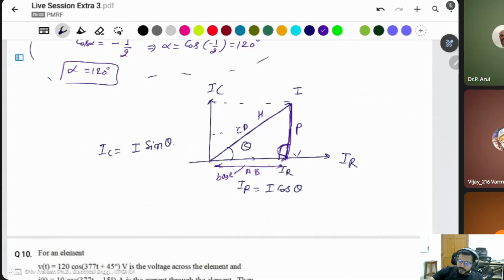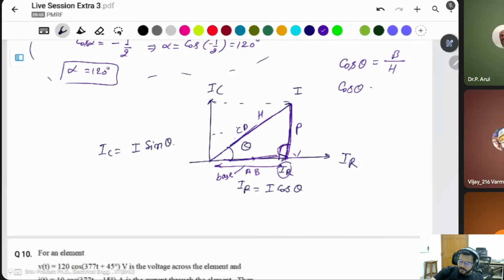But you want to find the IR, so this thing and this thing, base and hypotenuse. In which formula will we get it? Cos. Cos theta is equal to base divided by hypotenuse.